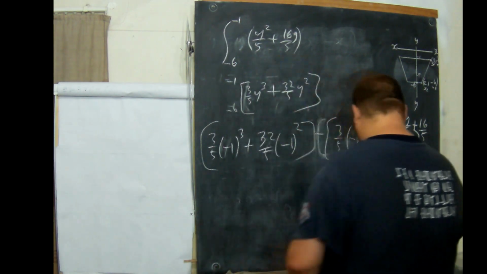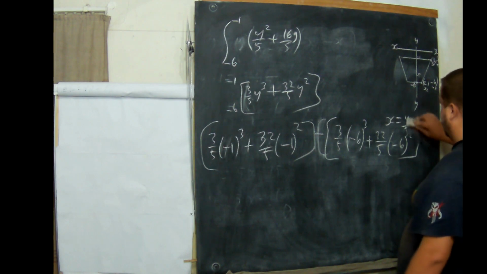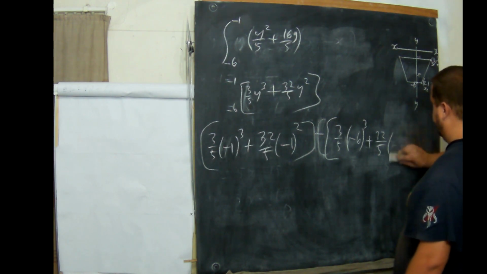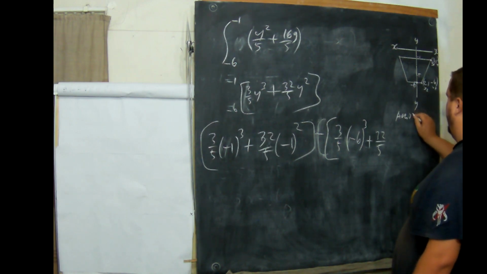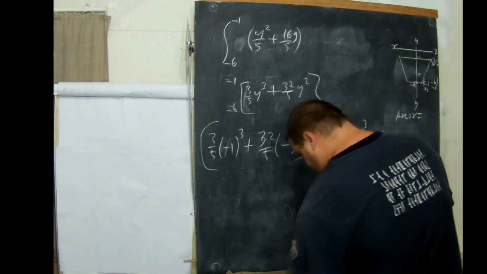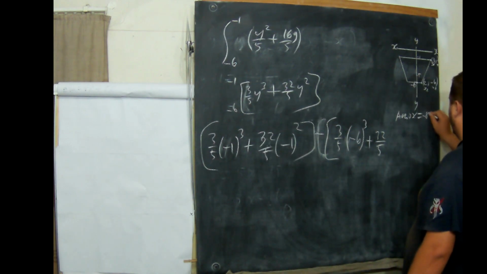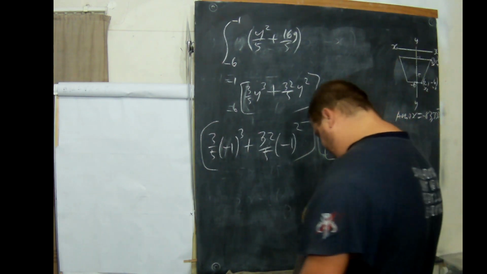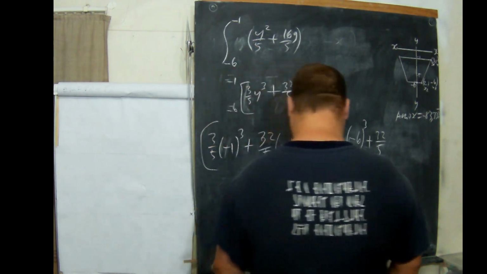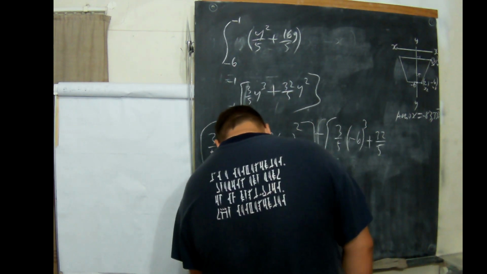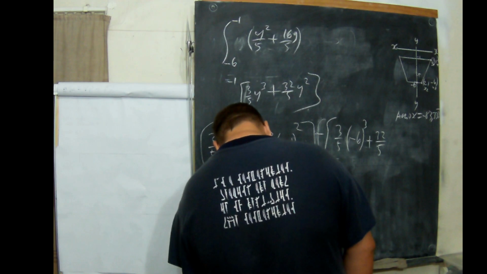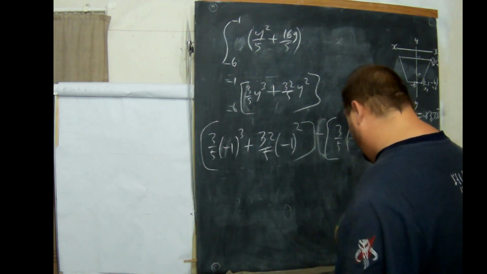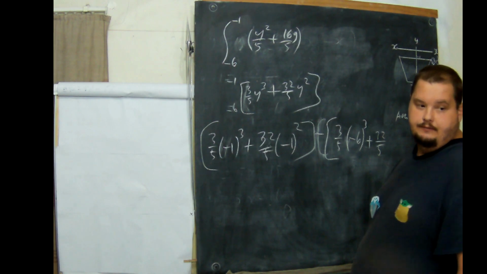And all this boils down to a simple number: the moment, the integral of y dA, is equal to minus 83,333 recurring meters cubed. Right, so that is y dA. Now we just need to do y squared dA.